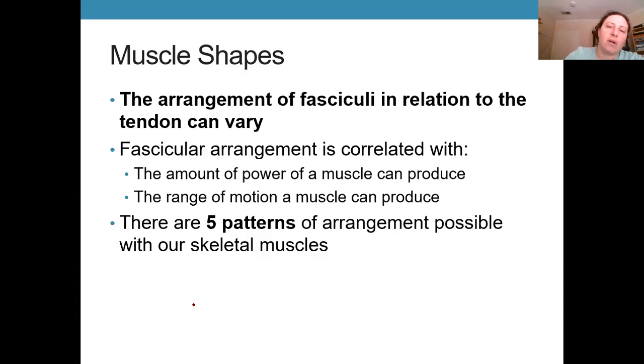Muscle shape is all based around how the fascicles, those bundles of skeletal muscle fibers, are arranged with respect to the tendon that attaches that muscle to bone. How those fascicles are arranged controls how much power the muscle can produce, as well as how much it can actually contract. And we have 5 basic patterns of arrangement that we see in our skeletal muscles.